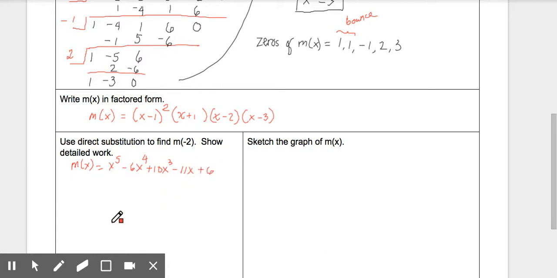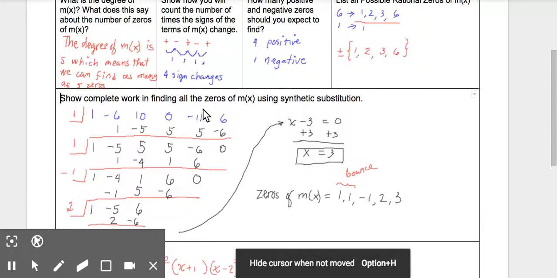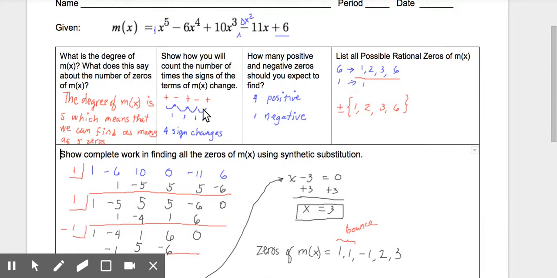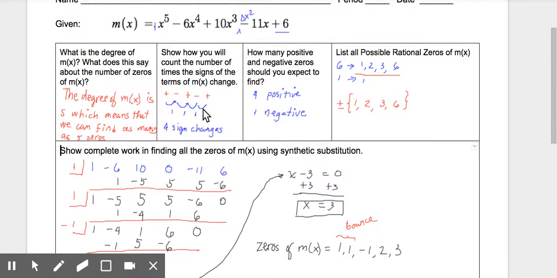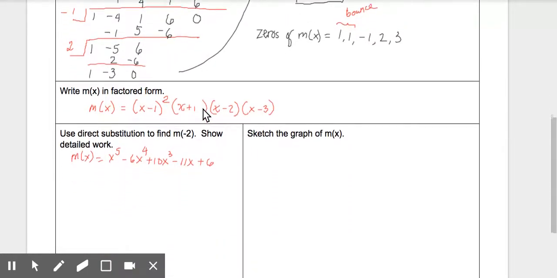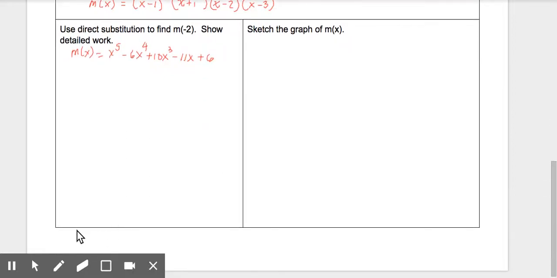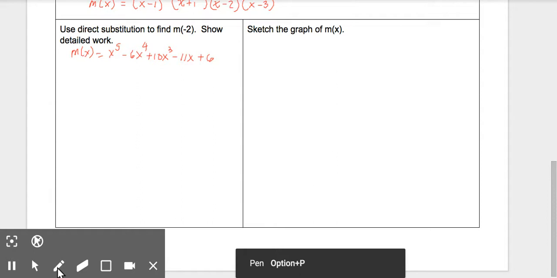Okay, let's double check if we copied correctly. Yes. All right, so now we want direct substitution to find m of negative 2.